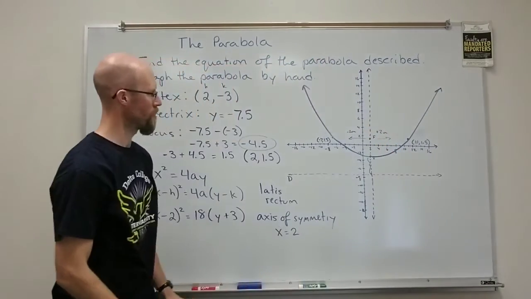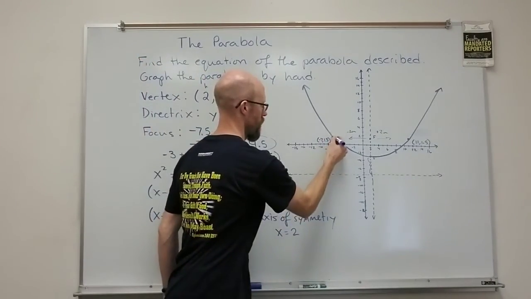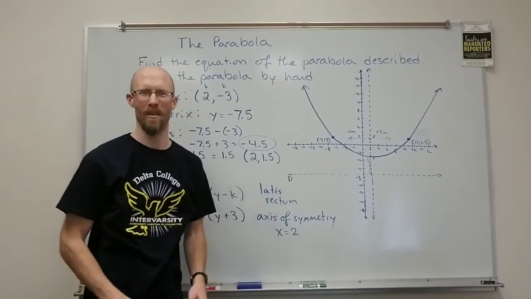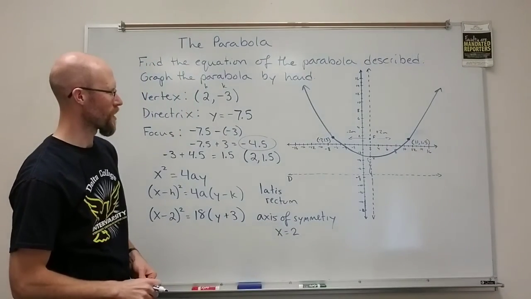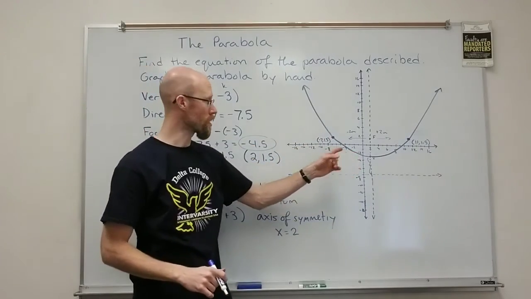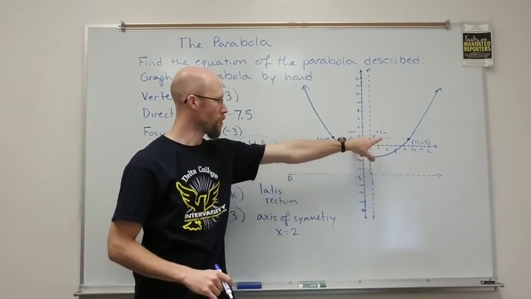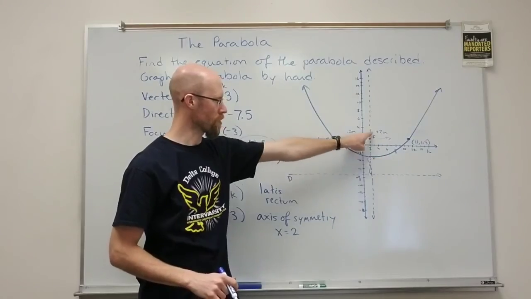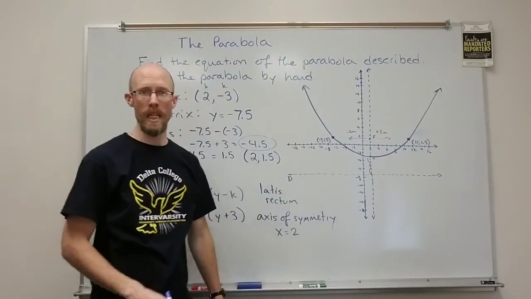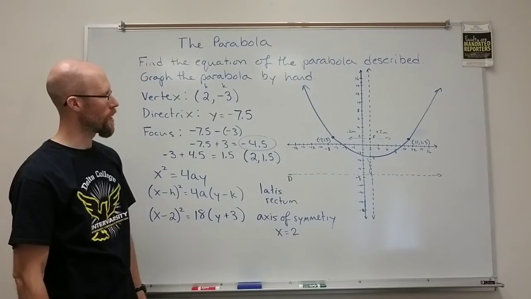There, that's not terrible. Good enough. That'll work. Okay, so that's the parabola. It gives us the graph with all the details, right? It's got both ends of the latus rectum. It's got the directrix, focus, vertex, axis of symmetry, everything we really need to be able to describe that parabola.